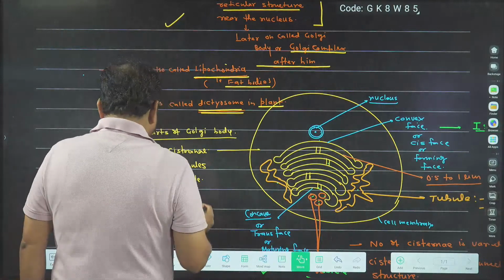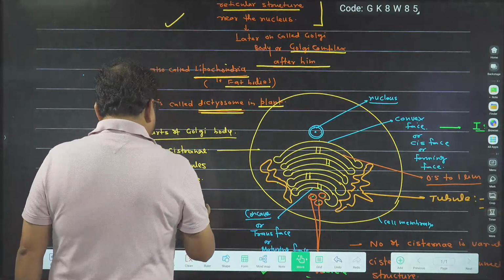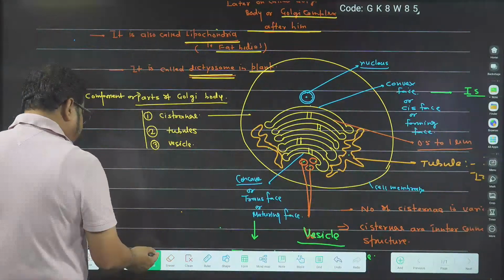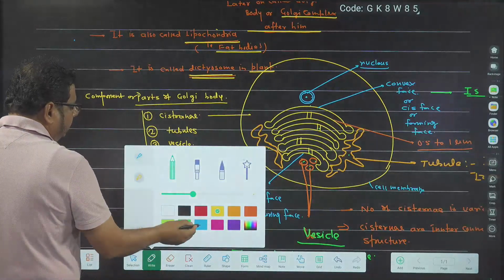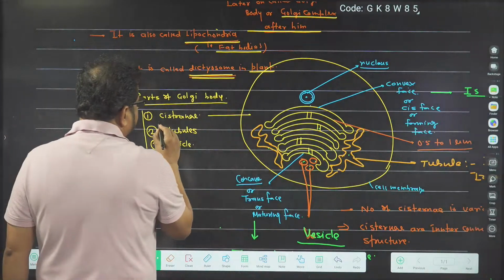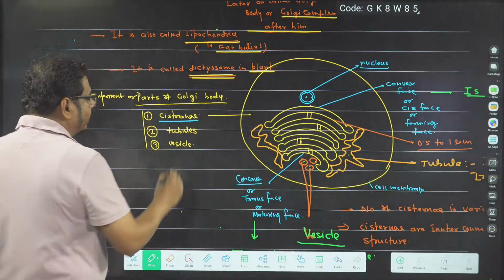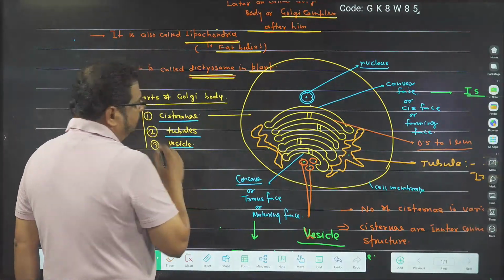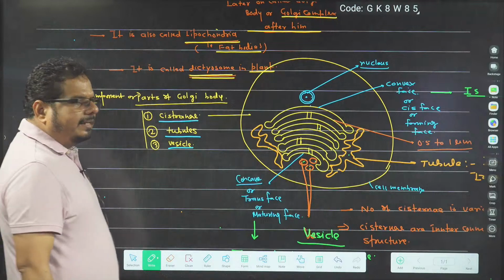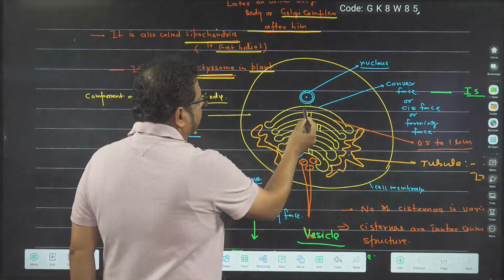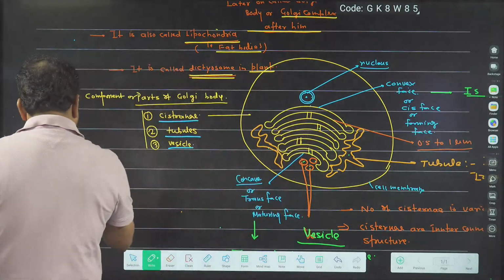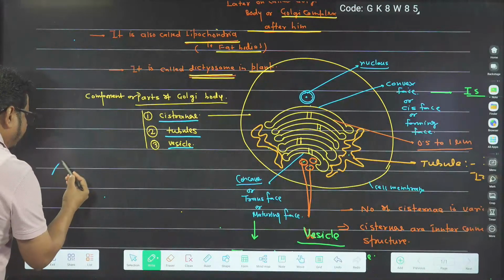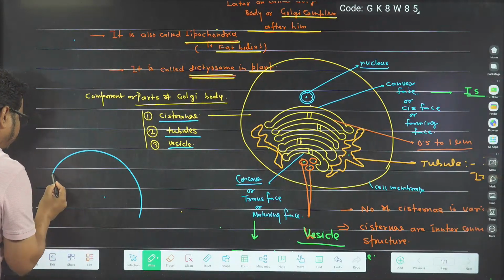Now, what are the components of Golgi complex? So I wrote here 3 different components are present in Golgi complex. One is cisternae, another is tubules, another is vesicle. In this diagram, these 3 components are there. These concentric structures, see, it is looking like a ring, part of a ring.